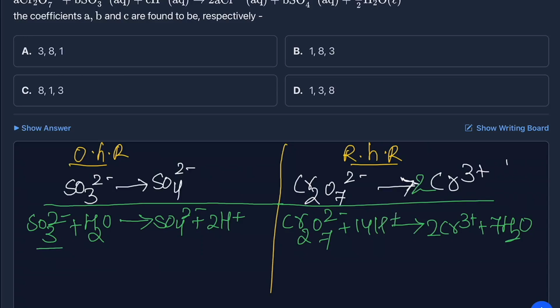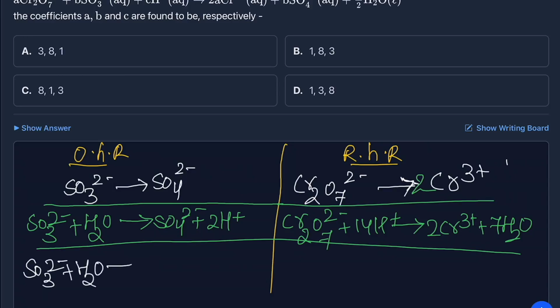Next, we have to balance the charge by adding electrons. So 4 minus 2, we add 2 electrons: SO3 2- plus H2O gives SO4 2- plus 2H+ plus 2 electrons.